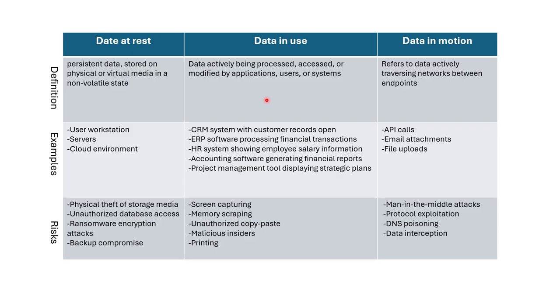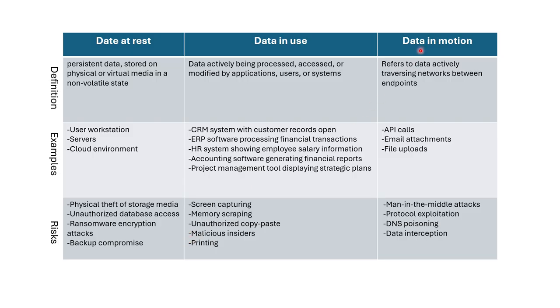Some business examples include a CRM system with customer records open, ERP software processing financial transactions, an HR system showing employees' salary information, accounting software generating financial reports, and a project management tool displaying strategic plans. Here are the risks associated with data in use: screen capturing, memory scraping, unauthorized copy-paste, malicious insiders, and printing.